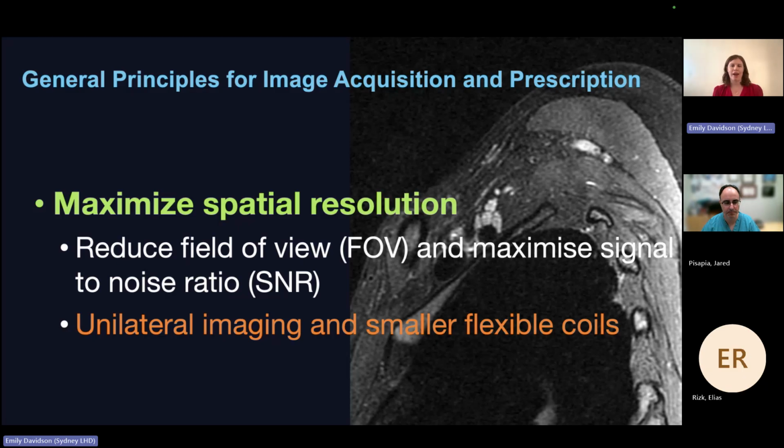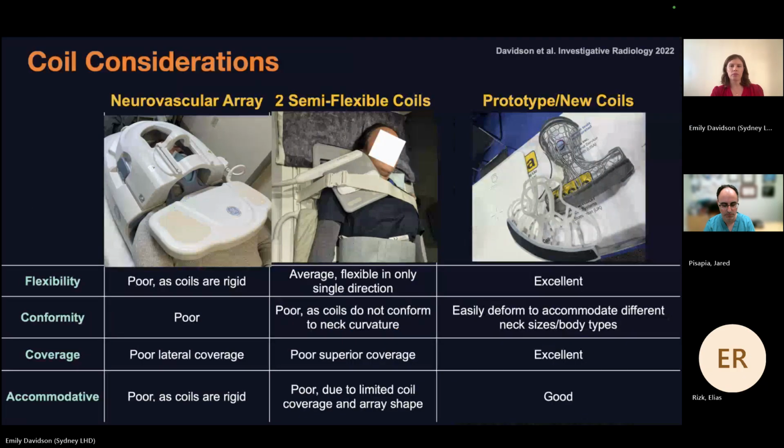And we do that by giving lots of signal from our 3 Tesla magnet and using small flexible coils. And we do only a single side of the brachial plexus. I don't do bilateral brachial plexus assessments. We really want to get as much imaging and information as we can from one side.